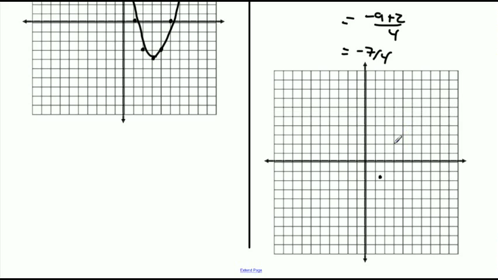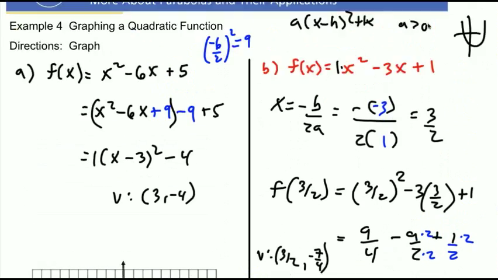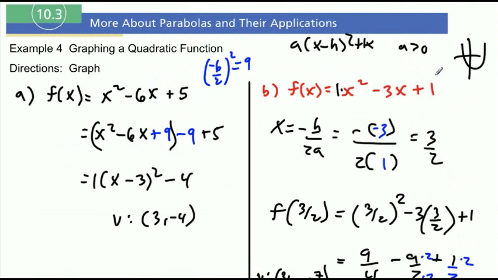So what we can do is this. Check this out. We can find the x-intercepts. That's what I want to find now. So if I go back up here, x squared minus 3x plus 1, I want to find the x-intercepts. And if it's factorable, awesome. If not, that's too bad for us, because that means we're going to have to solve this either by completing the square or by using the quadratic formula.